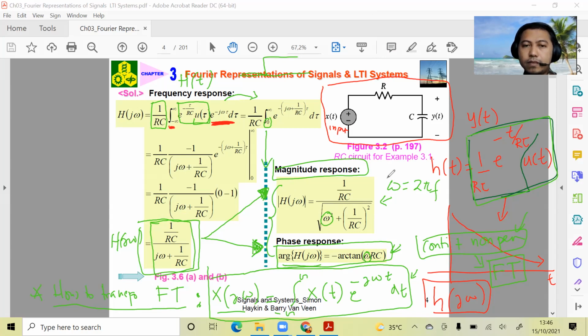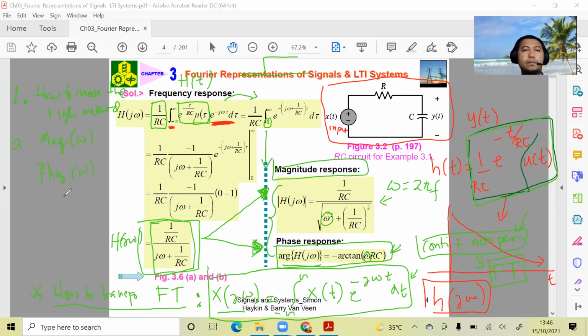Okay. Any questions on how to derive? So in this slide, I want to point out first how to choose the right method, and then how to express the magnitude function and the phase function as a function of omega.